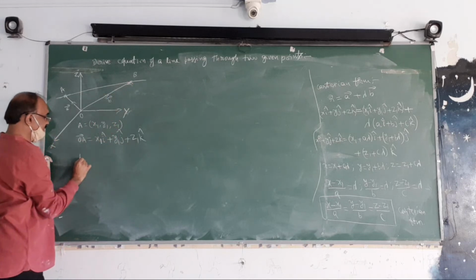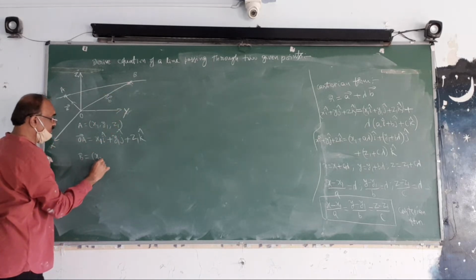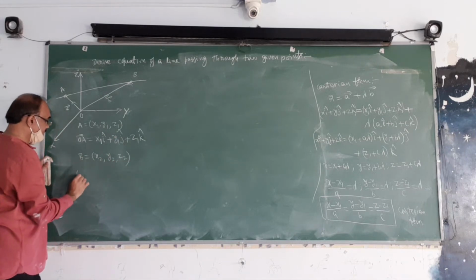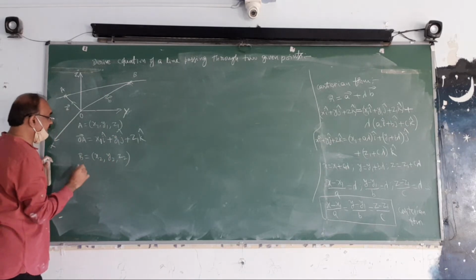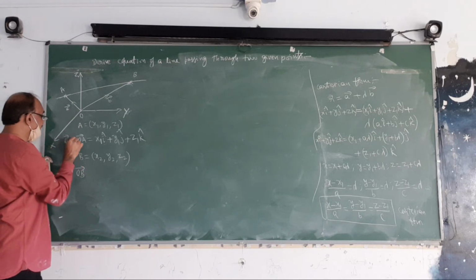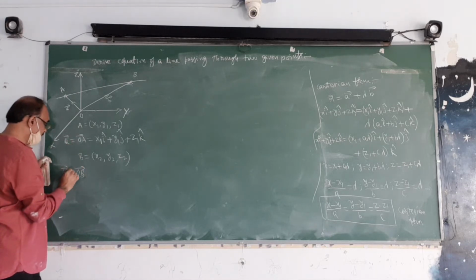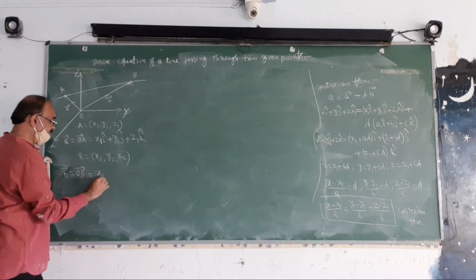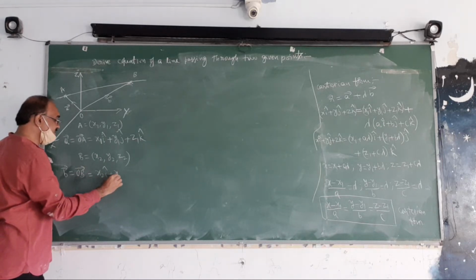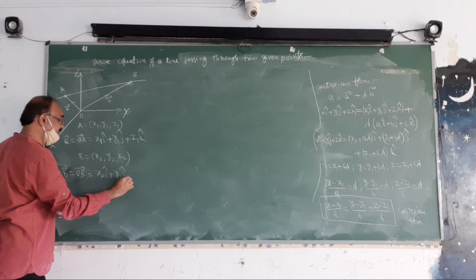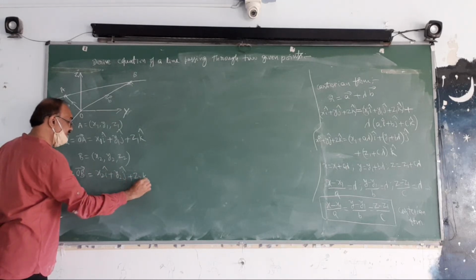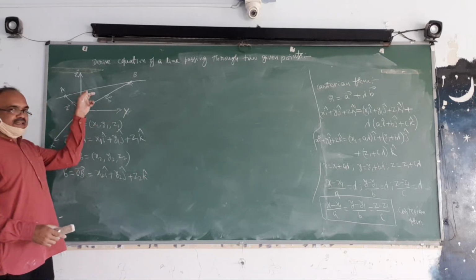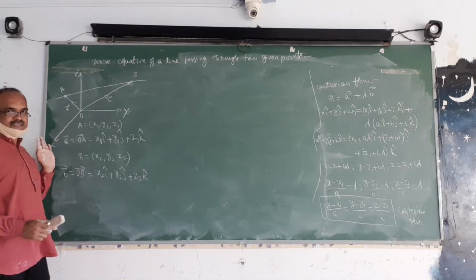Here B is x2, y2, z2. In vector form, OA is also known as vector A, and OB is vector B, which is x2 i plus y2 j plus z2 k. So you have expressed the diagram and also using symbols.